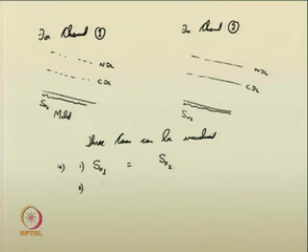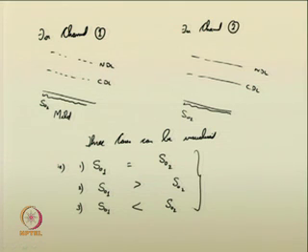Another case you can visualize is S01 is greater than S02, that is the slope of channel 1 is greater than slope of channel 2. How the profiles can change, or what could be the water surface profiles, this we will study now. Another case you can visualize is S01 is less than S02. So, these three cases one can easily visualize.